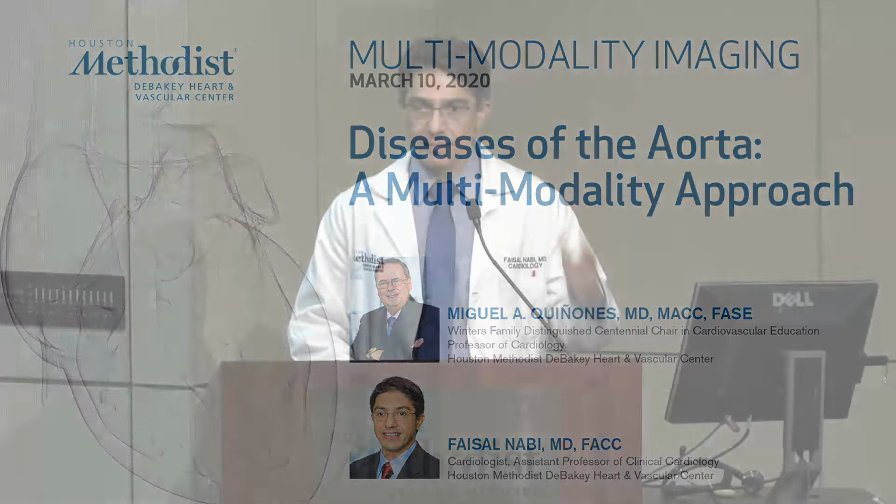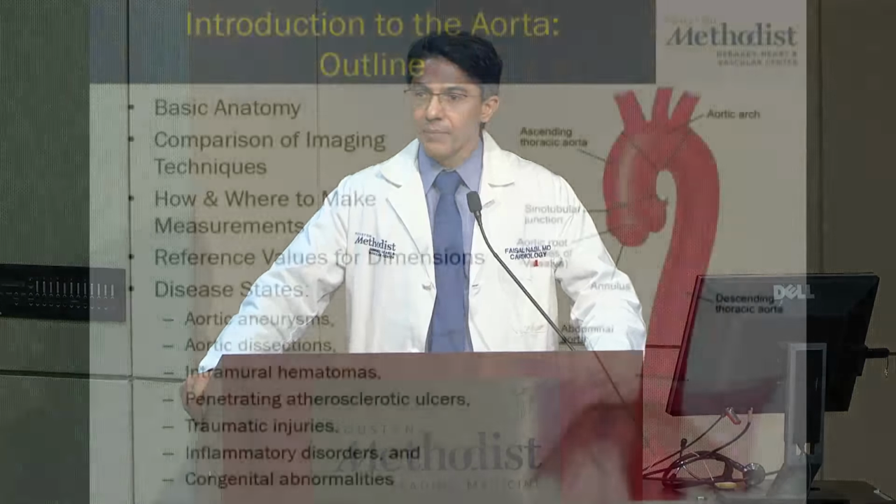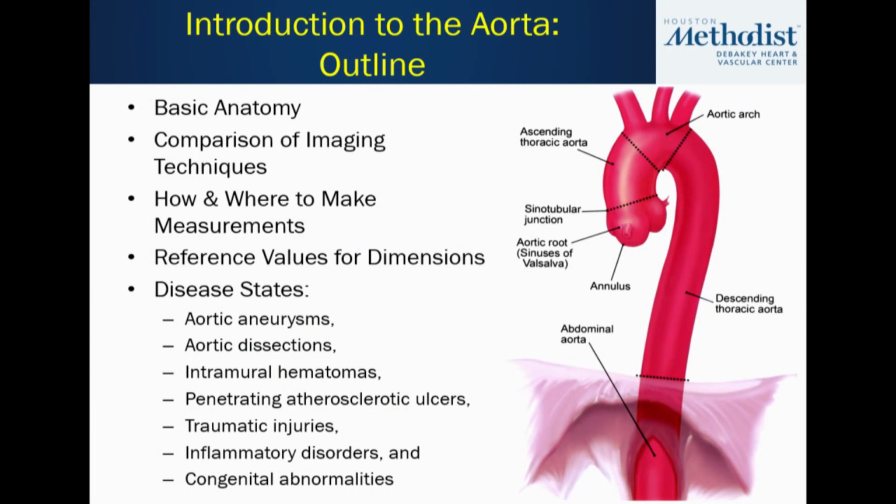So I hope this can be an interactive session. If you have questions, please feel free to ask me. Here's the general outline of how we're going to proceed. We'll go over some basic anatomy of the aorta. We'll talk about different imaging techniques, their strengths and advantages. We'll learn where you should be making measurements and how to make measurements of the aorta.